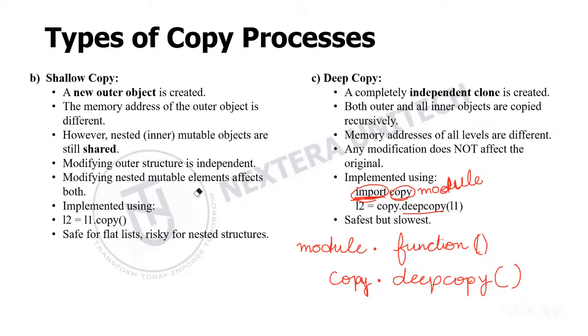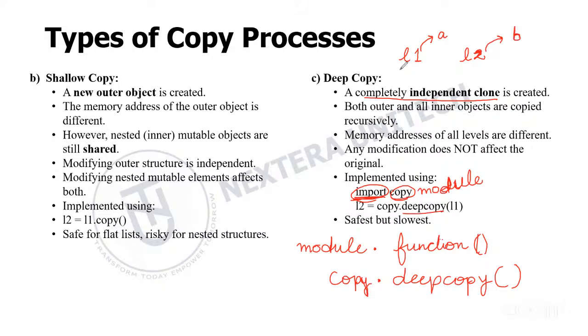Deep copy is nothing but it will create a completely independent clone. So that means we have an L1 list, and I want to deep copy this and create L2. When I perform deep copy, both are stored in different memory locations.